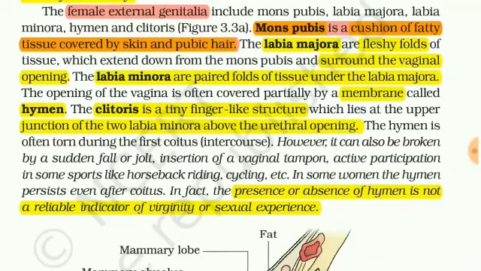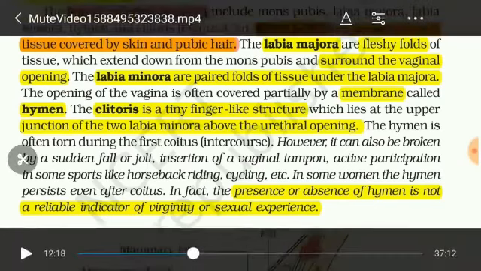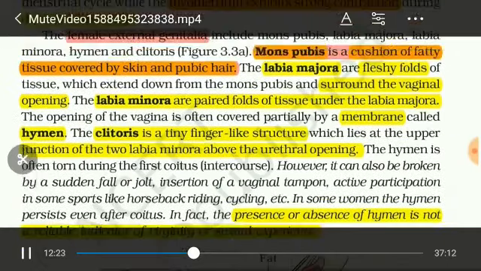Okay, the hymen is a membrane which covers the female vaginal area, and it is often torn by some sports activities. So the presence or absence of the hymen is not a reliable indicator of virginity or sexual experience. These are all the major parts of the female reproductive system.